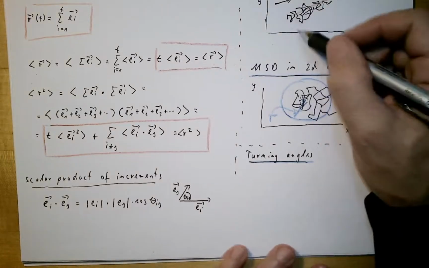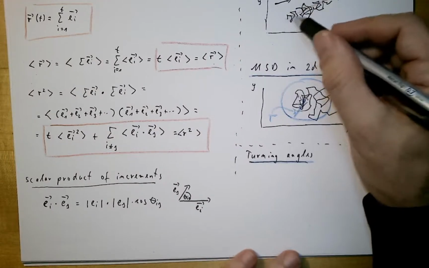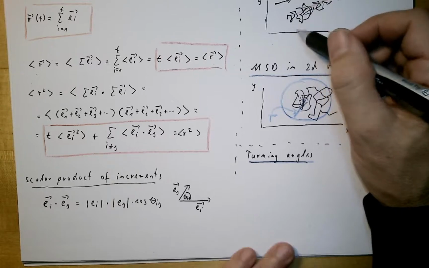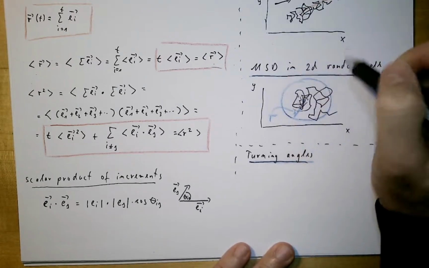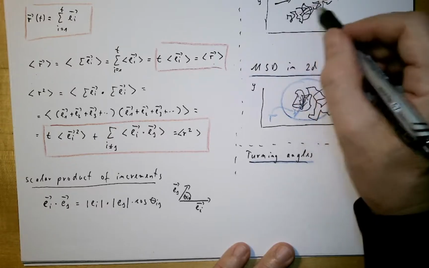And now the movement, if you now have more macroscopic individuals, if you don't have our grain of pollen which is really randomly kicked around, but the movement of an animal, it's not so strongly zigzagged.